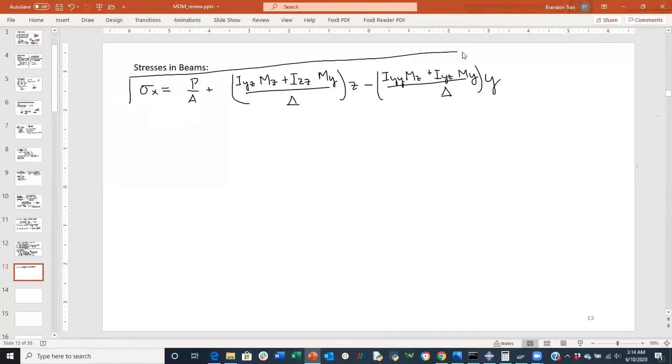this encompasses pretty much everything you guys are familiar with. So here, P over A, that's your normal stress. You learned that from basics, stress and strain theory. But right here, right?